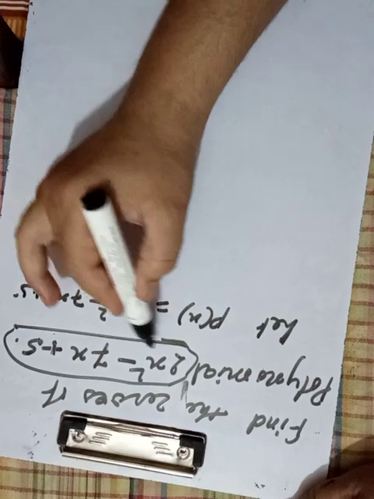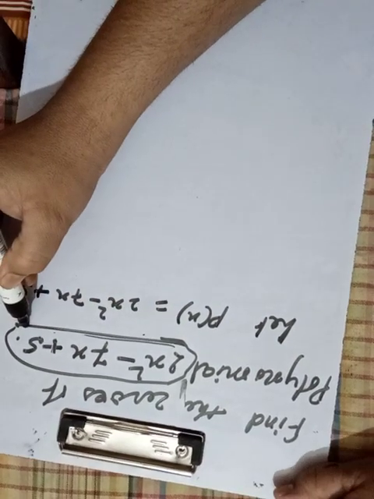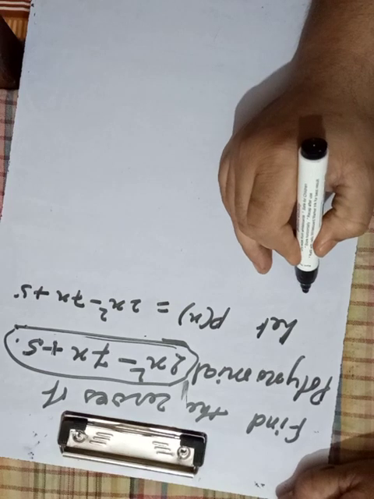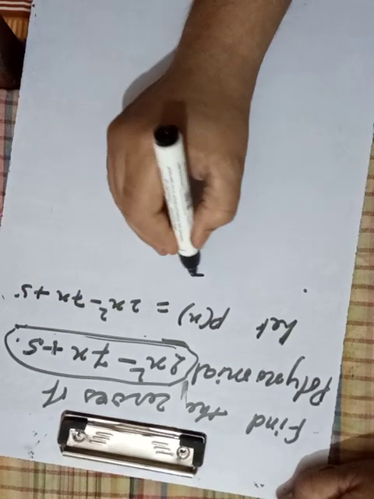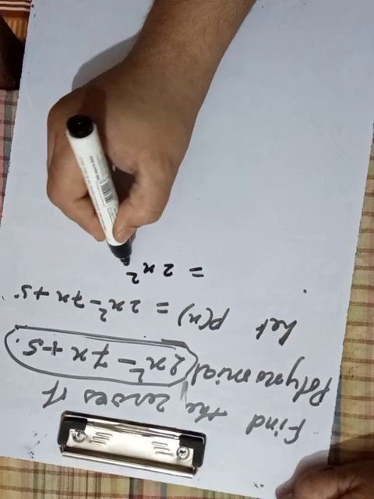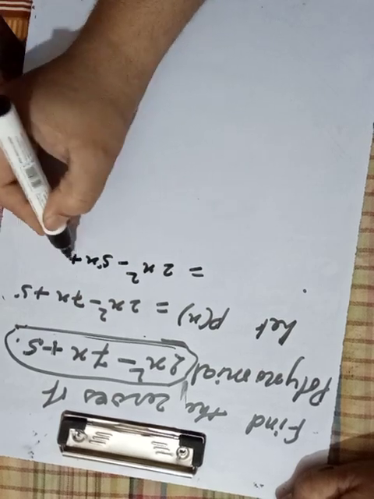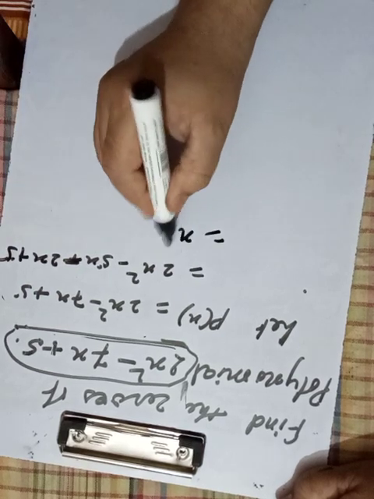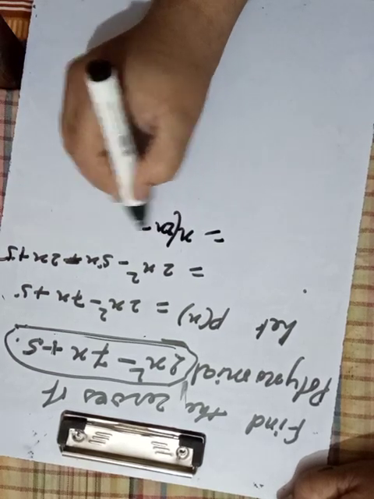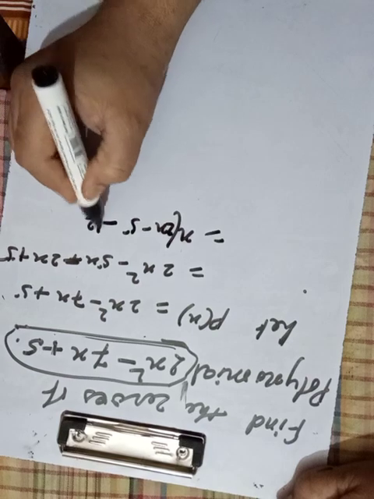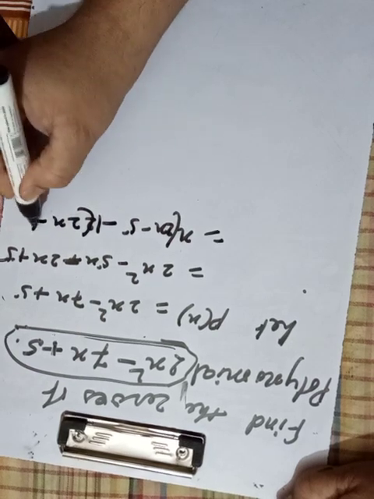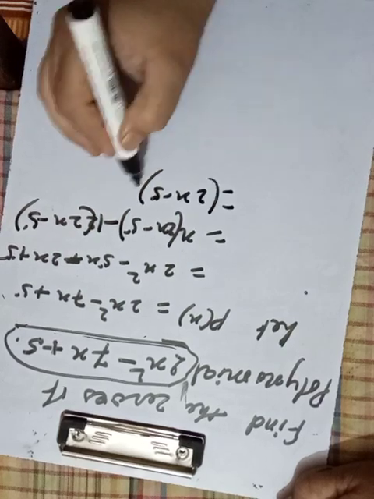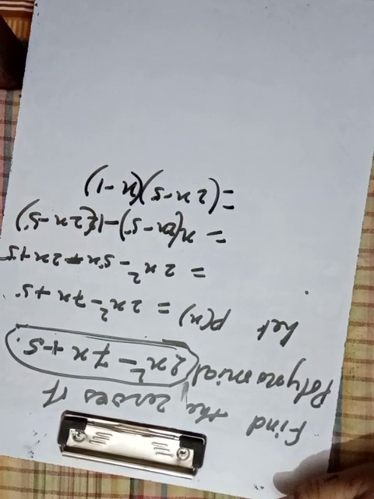Now I have to find the zeros of the polynomial. So I take either p(x) equal to 0 or we factorize this. For factorizing this, we write 2x square minus 5x minus 2x plus 5. Now x will be common, 2x minus 5, minus 1 will be common, 2x minus 5. So my factors will be 2x minus 5 into x minus 1.